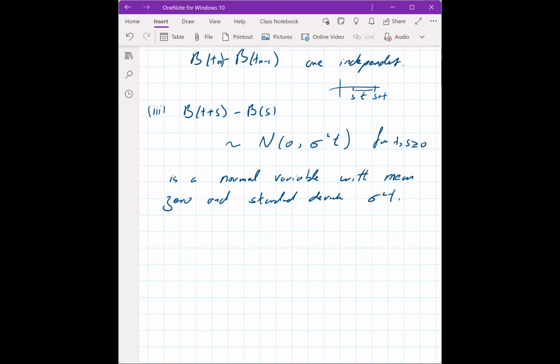So you have these normal deviations, and this is controlled by this parameter.